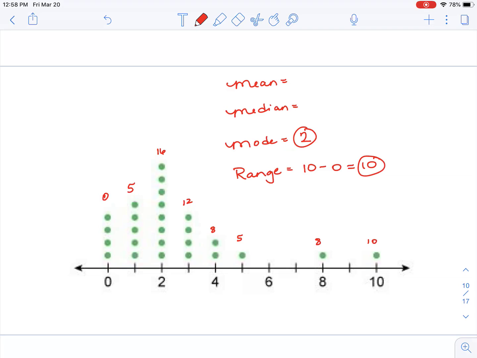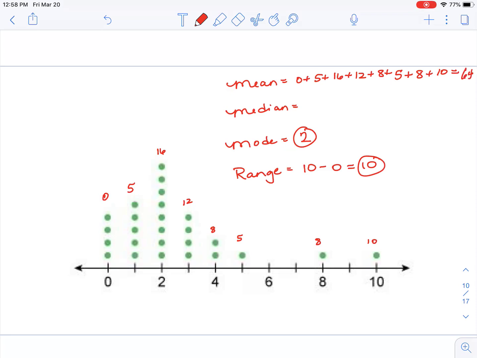So if I wanted to find the mean, I could add 0 plus 5 plus 16 plus 12 plus 8 plus 5 plus 8 plus 10. I didn't make that very neat at all. If I add those together, I got 64.